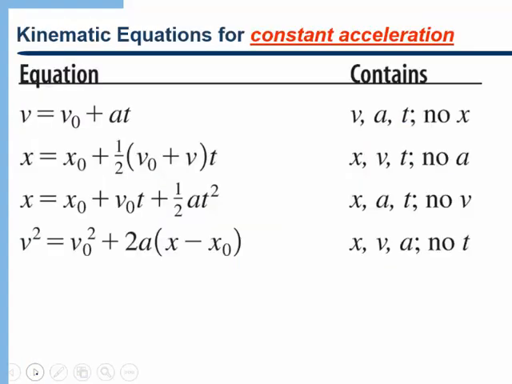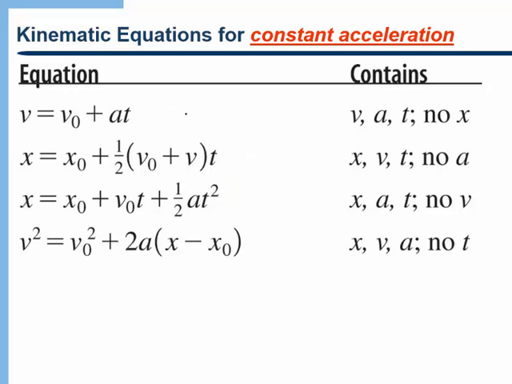Okay, so here are the kinematic equations. You'll notice that we derived this one and this one and this one. I did not derive the fourth one. You should be able to derive it from the other equations that are there. So deriving the fourth equation is just combining and rearranging a couple of the other ones, and you might want to try that on your own.